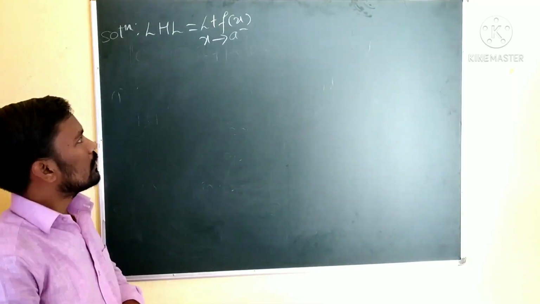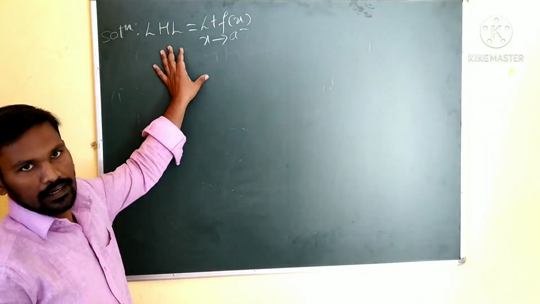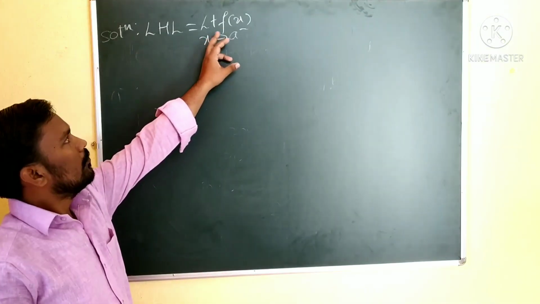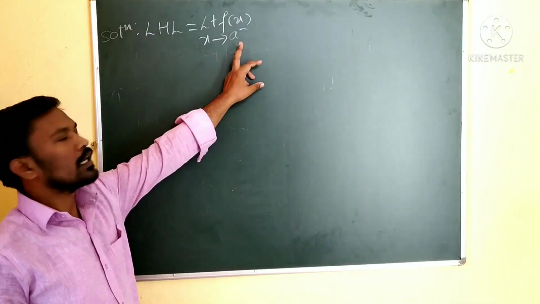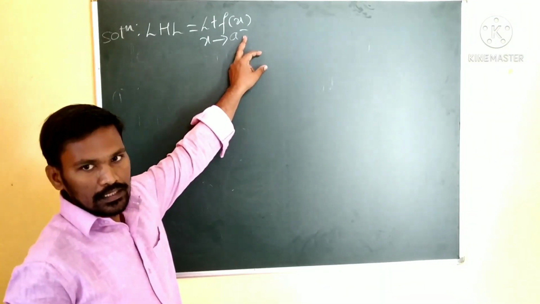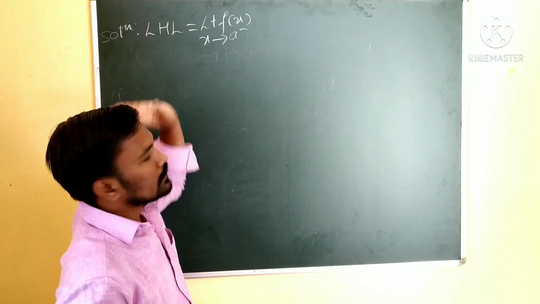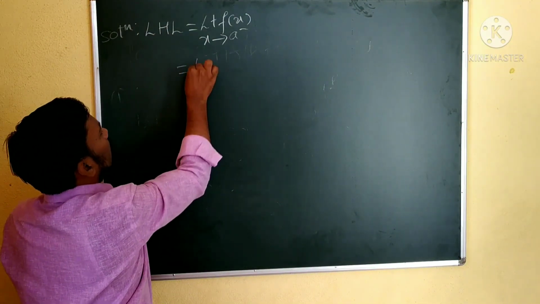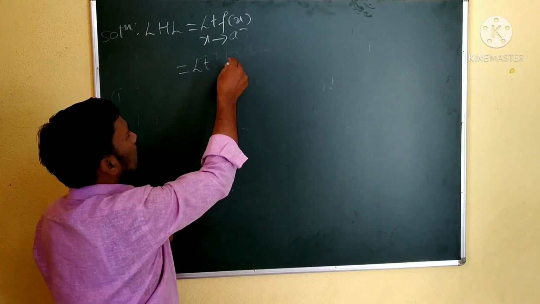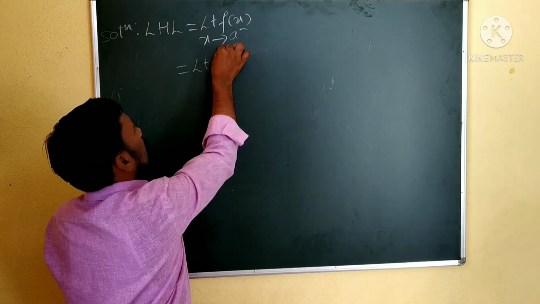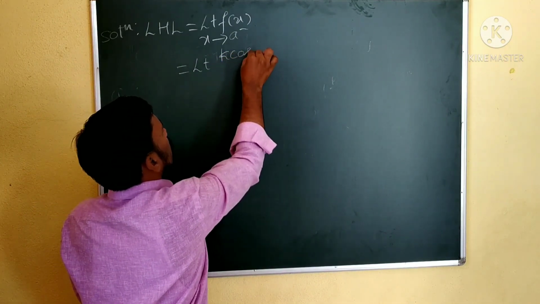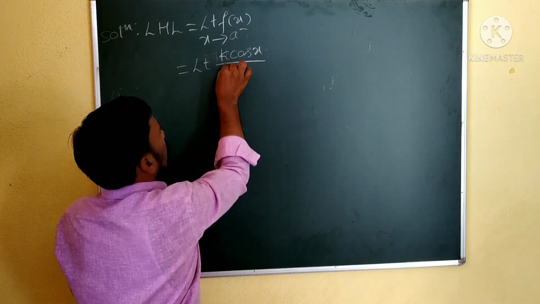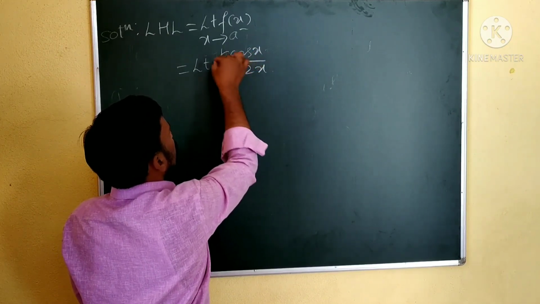This is the notation used to denote the left hand limit value, LHL: limit of f of x as x tending to a minus. Here the negative sign indicates the left hand limit. Now take that given function, limit of. So look at the function here. What is the function? k cos x by pi minus 2x. This is the given function.